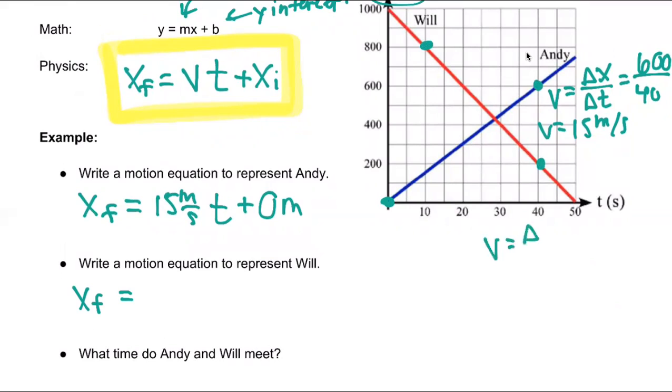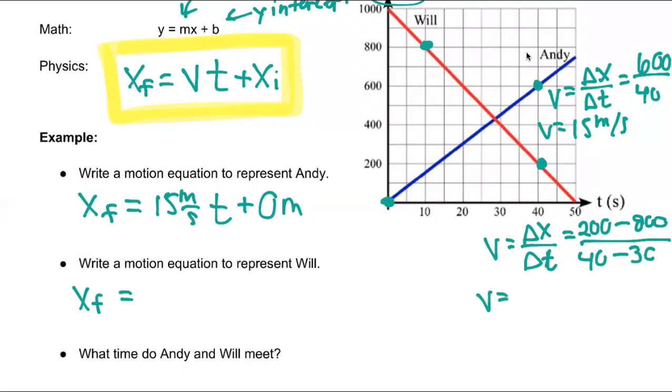Velocity equals my change in position over my change in time, which gives me x final, which is 200, minus x initial, which was 800 up here, divided by my time final, which was 40, minus my time initial, which was 10.